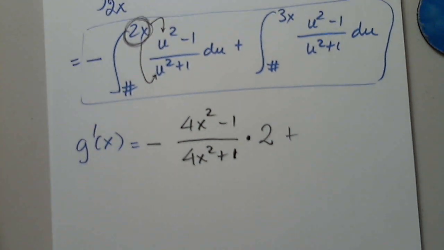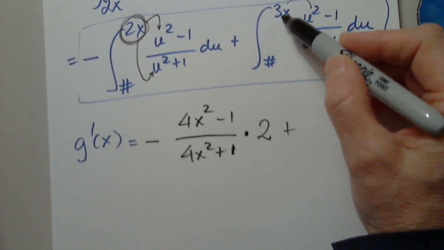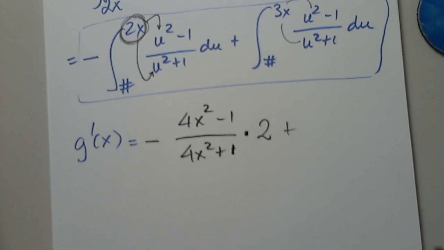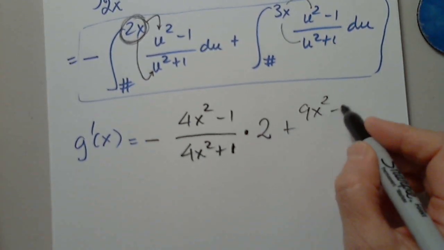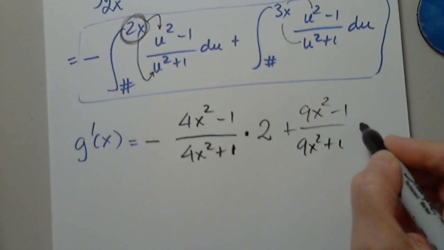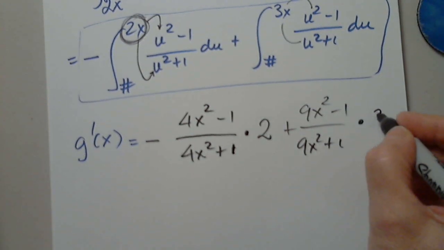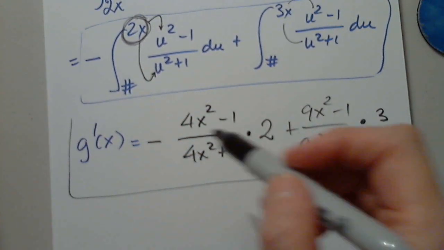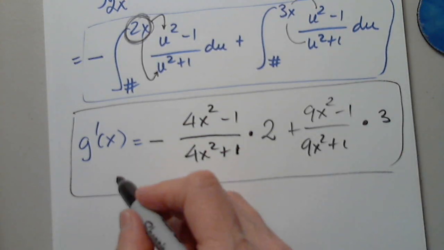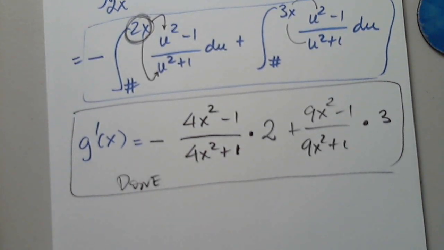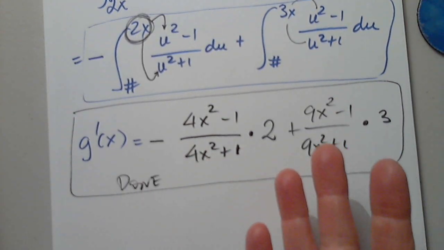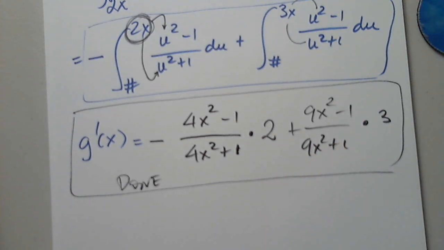Plus, how do I write this one? 9x squared plus 1, times the inner function prime. That's it. Leave it alone. You don't have to do anything else. Done. So this is as hard as it can get. It cannot get harder than this.